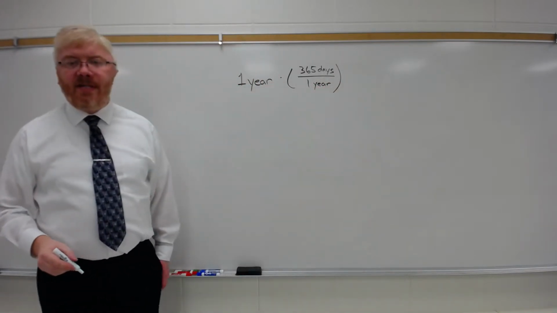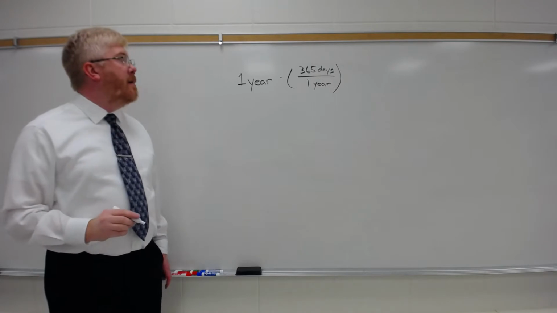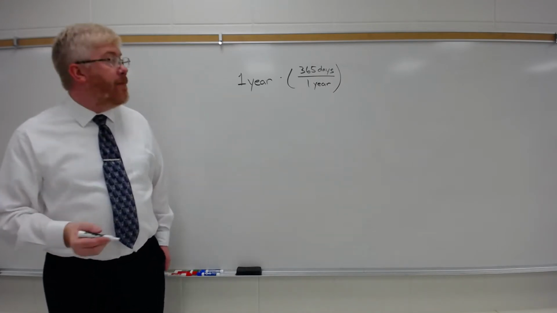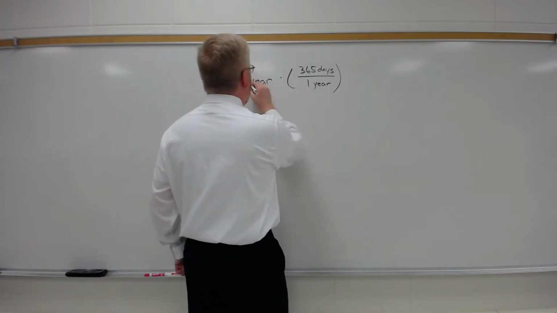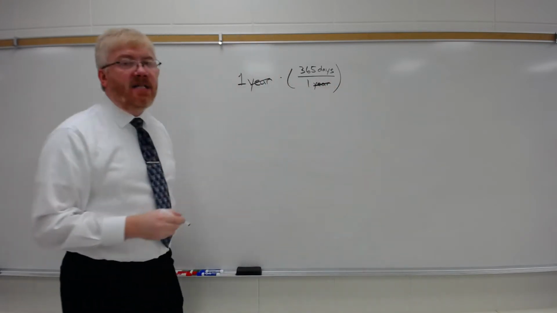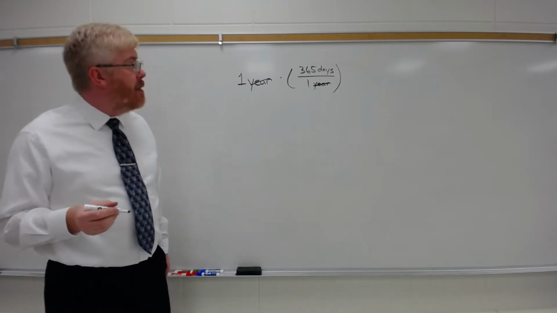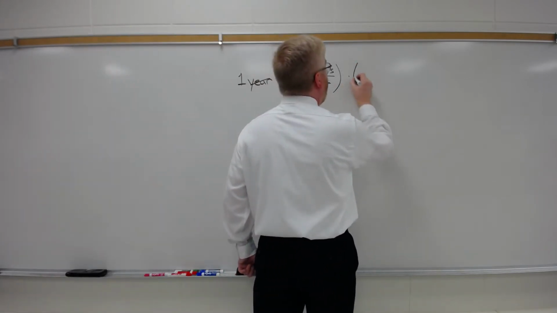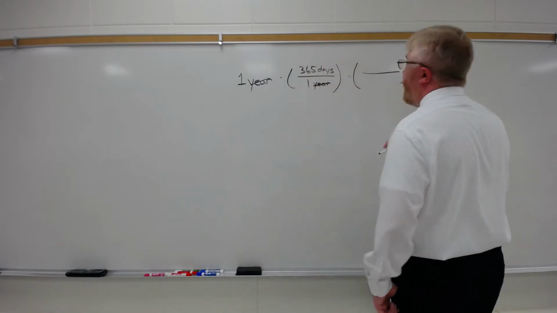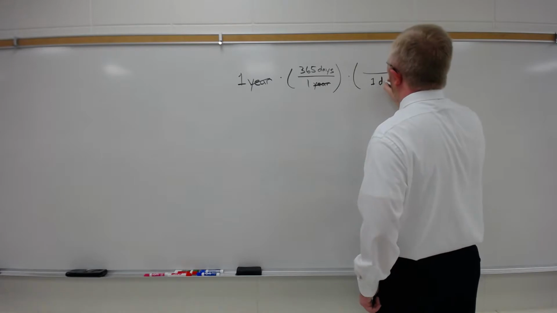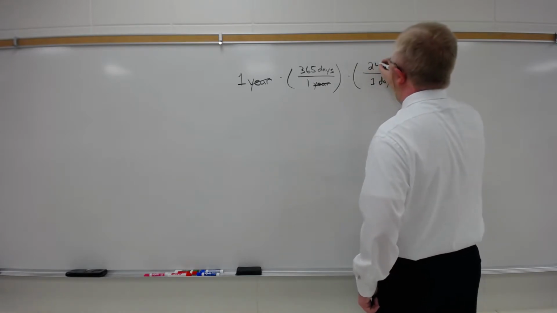Technically it's 365.2425 something, but most people don't know that. Most people know there's 365 days in a year. Well, years will cancel, leaving behind days, but I don't want days, I want seconds. I don't know how many seconds are in a day yet, so I'm going to multiply this by another ratio equal to 1, where I have days, so 1 day is 24 hours.